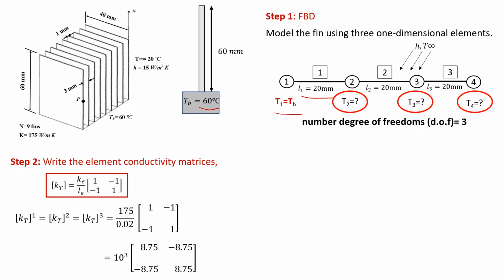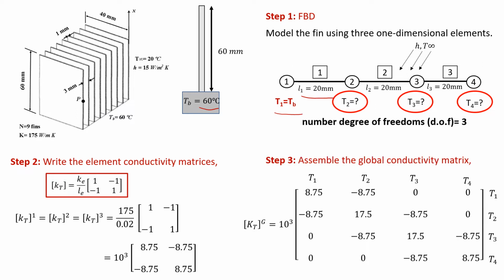Once we have solved the element conductivity matrix for all elements, then we can assemble them in order to form the global conductivity matrix for this problem, as shown in this slide.